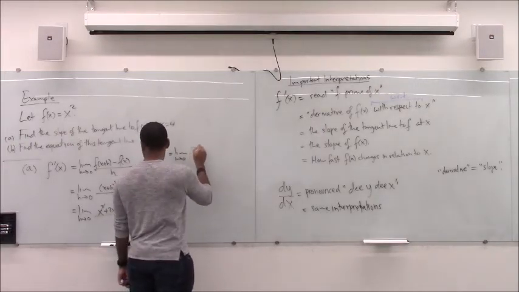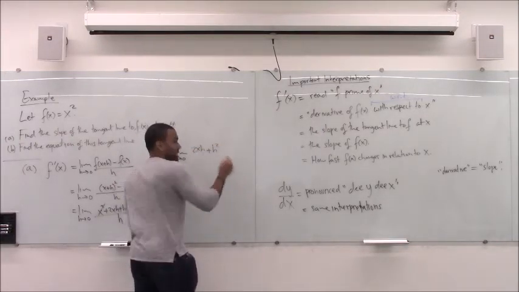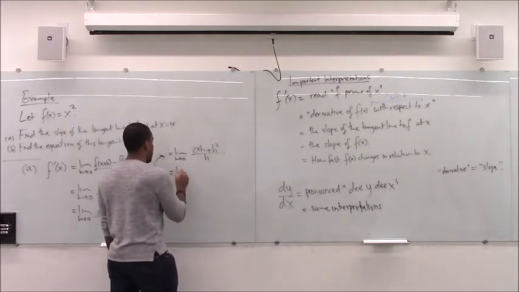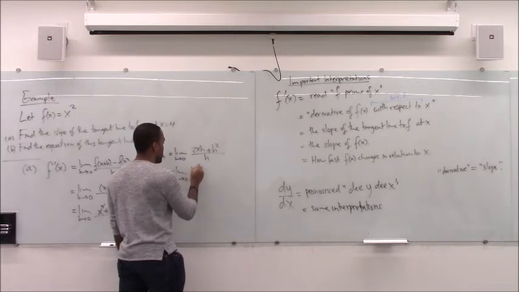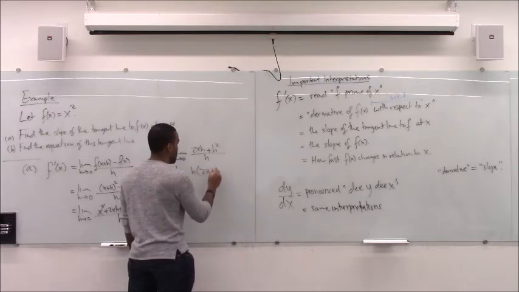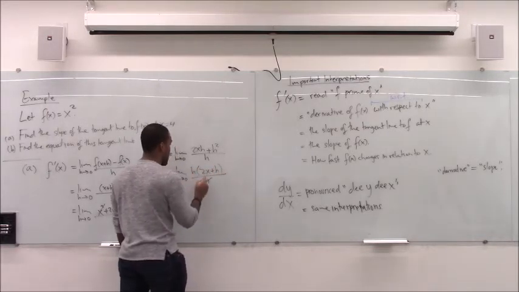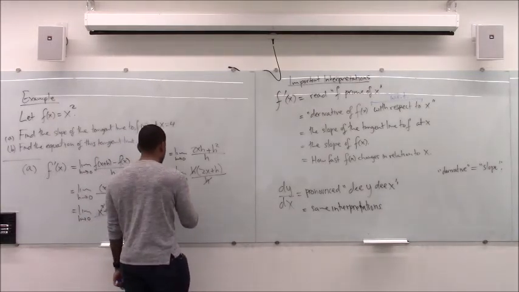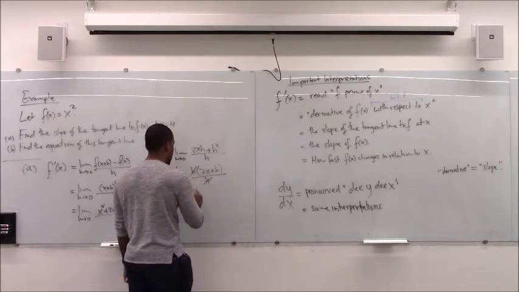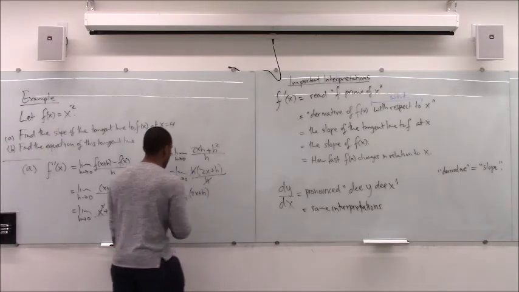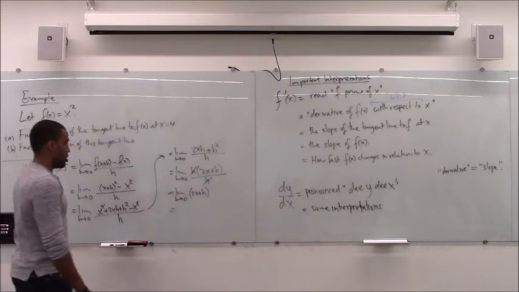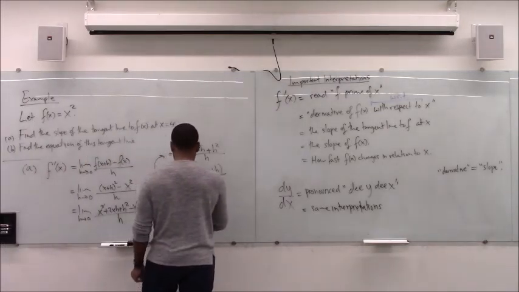The next step would be to factor out an h, because you cannot cancel across sums. Now you can cancel. So now you can plug in h equals 0, and you get 2x.